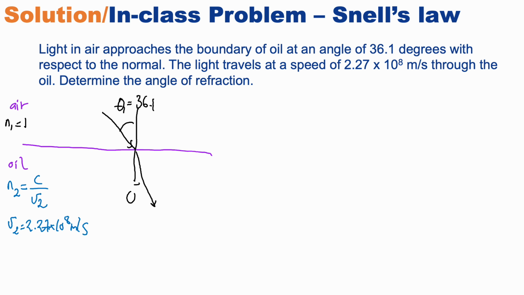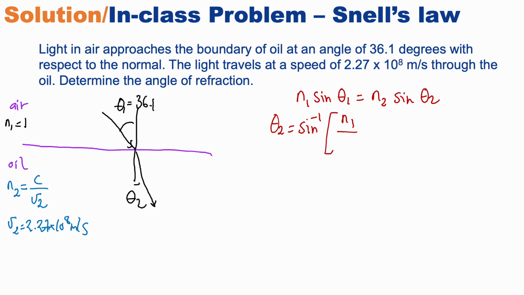So we can use our Snell law: n1 sine θ1 is going to be equal to n2 sine θ2. Again, θ2 is going to be the inverse of the sine of n1 over n2 sine θ1.